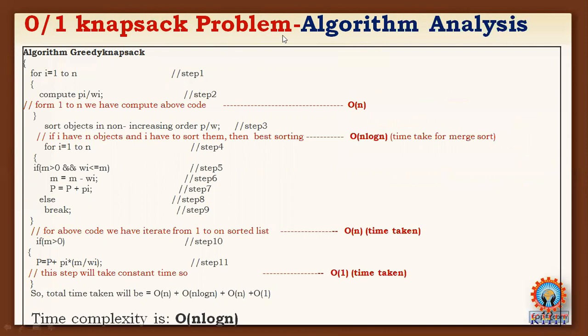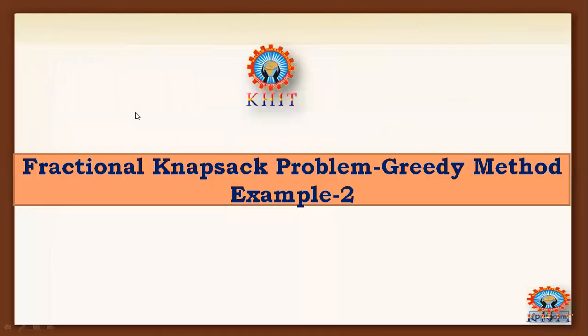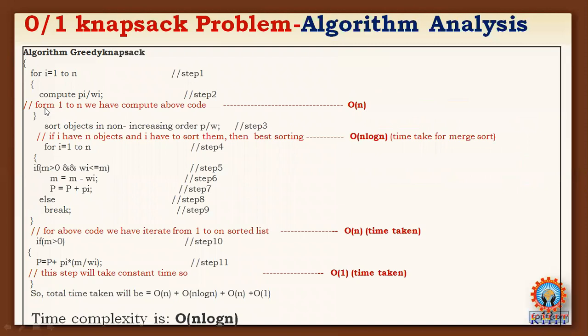If you analyze the 0 1 knapsack problem, to compute Pi by W, the total computation time is order of n. That means the statement is executed n number of times, so big O of n. The computation of Pi by W is executed n number of times.